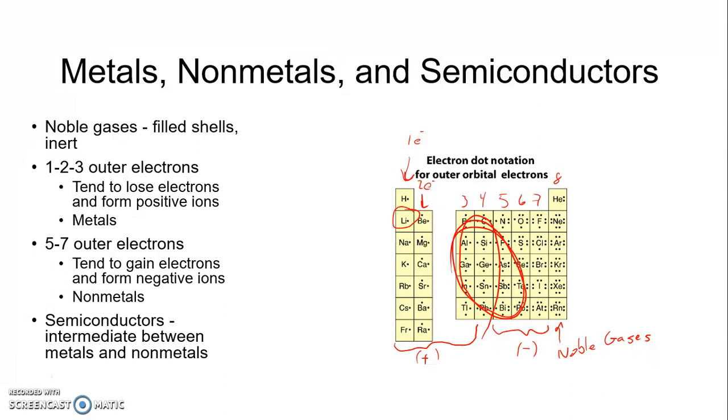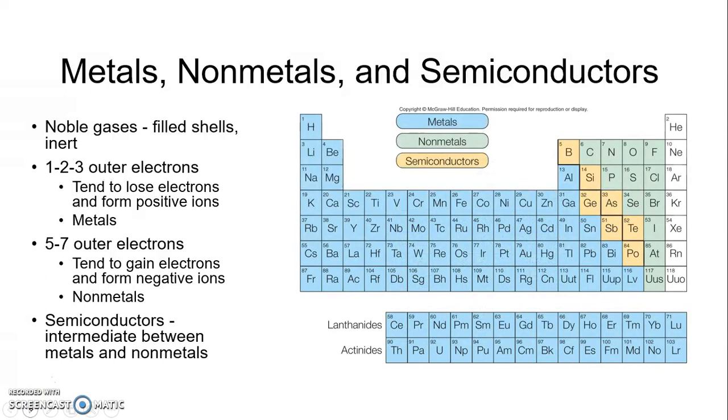It varies a little bit. If we look at the periodic table, it turns out that all of these on the left are metals, and on the right are nonmetals, and then this region here of orange squares, those are the semiconductors that separate the metals from the nonmetals. And that is the periodic table.